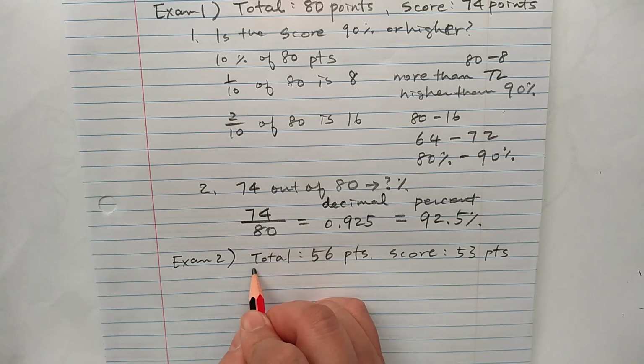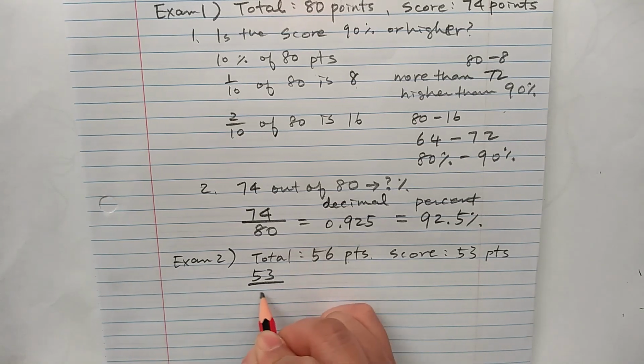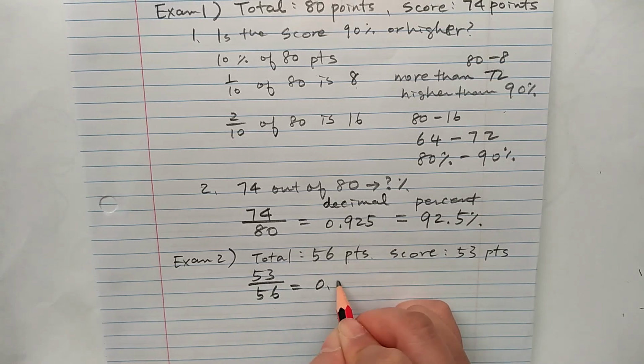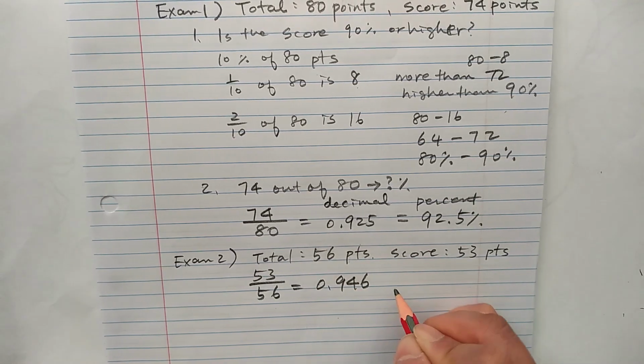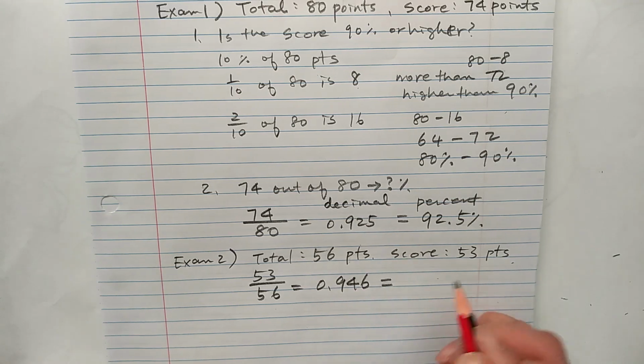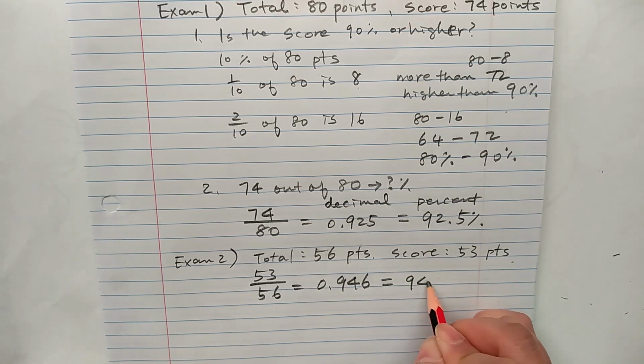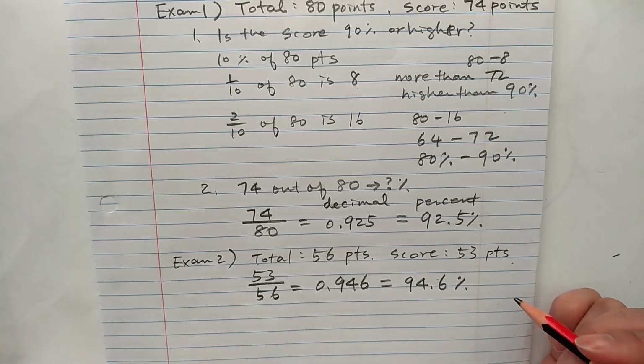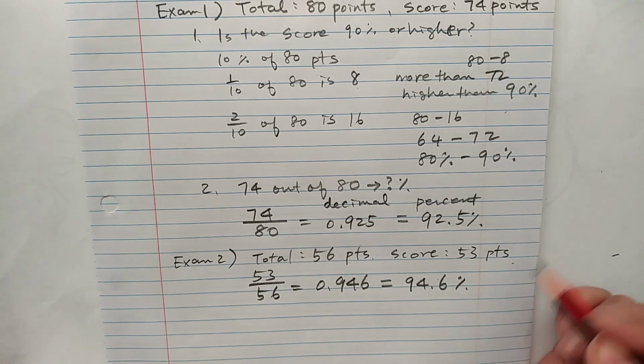Put the portion on the top, 53 out of 56 is 0.946. Convert that to a percent, 94.6%. So actually in exam 2, you did better than exam 1.